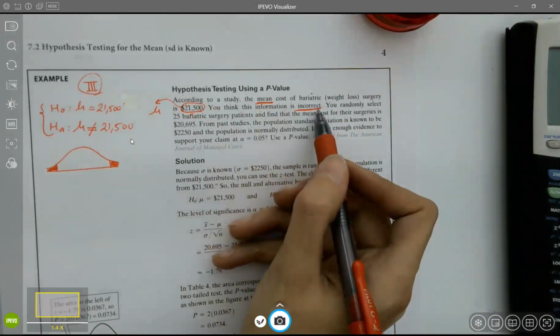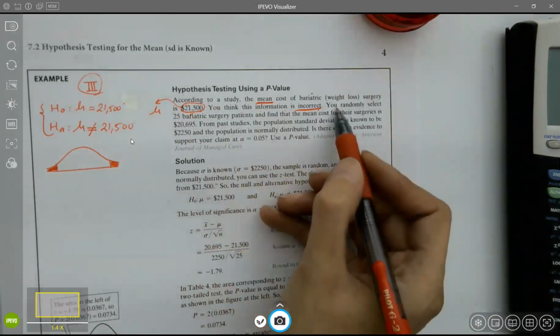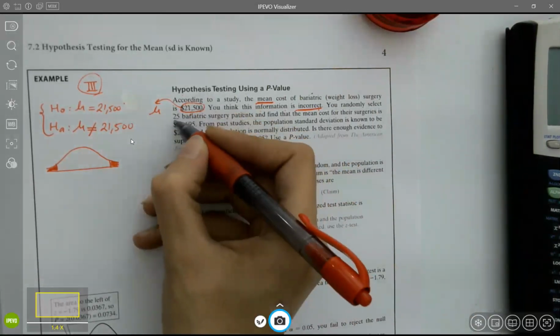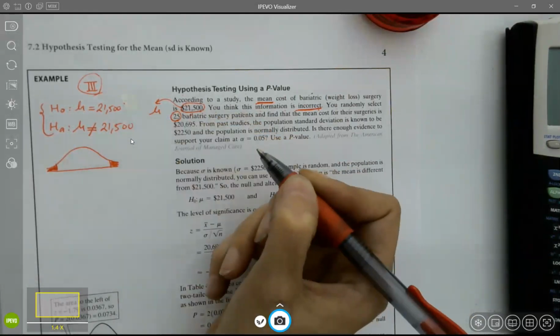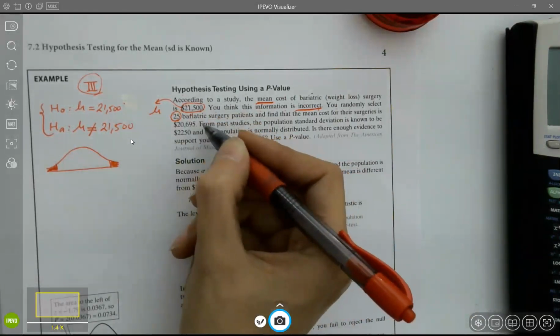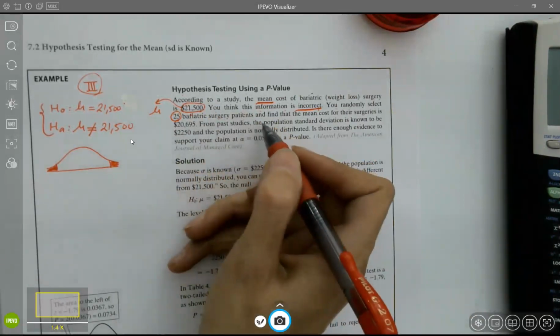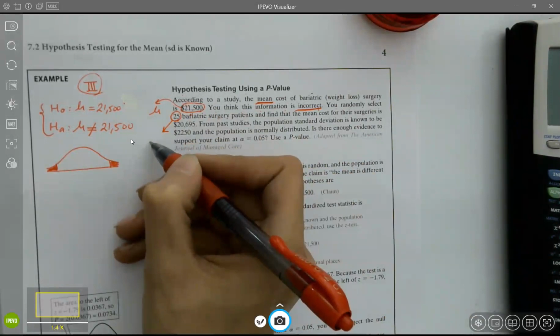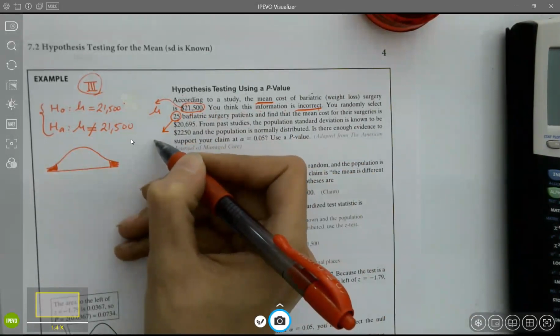You think this information is incorrect. So as a statistician, what are you going to do? You're going to randomly select a sample of 25 bariatric surgery patients. So what is 25? Very well.